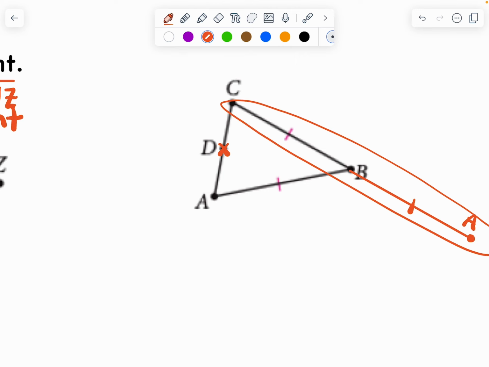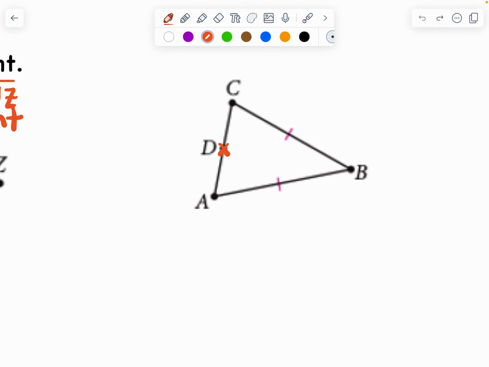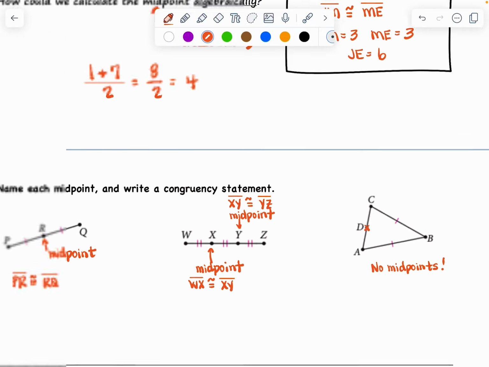Because CBA is all collinear, making one solid segment, and you're cutting a segment in half. But this one is bending, right? We have a definite sharp angle here, and so there are no midpoints in this picture. Okay?